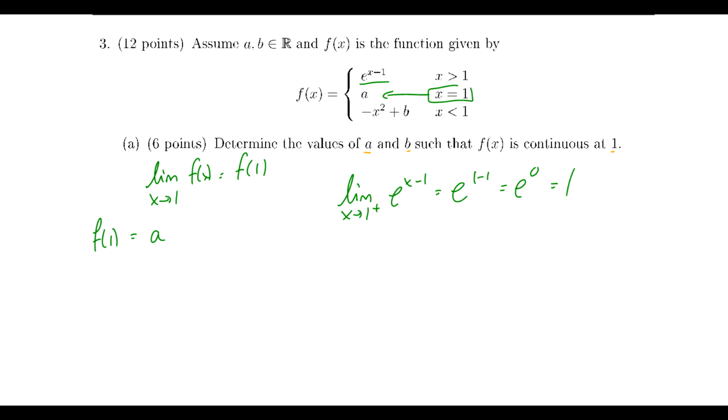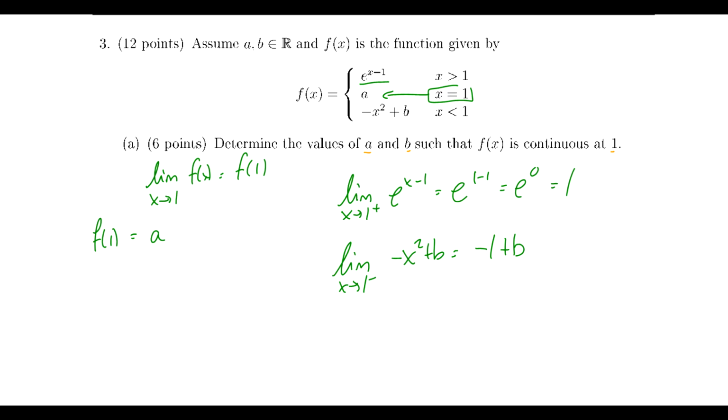So the limit as x goes to 1 from the right is equal to 1. What is the limit as x goes to 1 from the left? Well, this is negative x squared plus b, which is going to be negative 1 plus b.